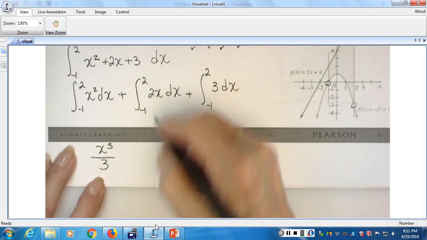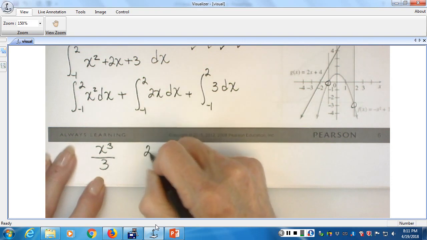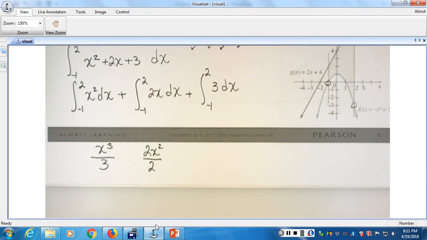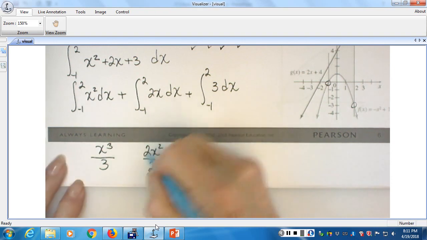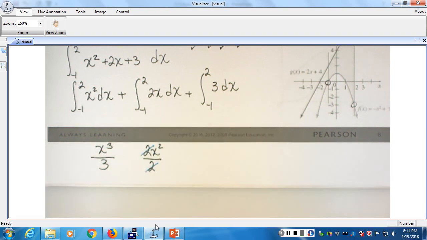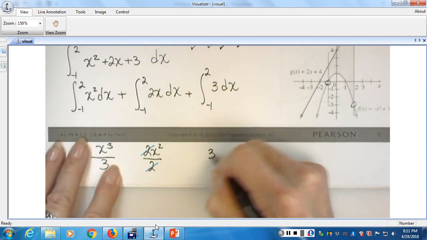And this integral is going to be 2x to the second divided by 2, which means ultimately those 2's are going to cancel. And this one's going to be 3x.